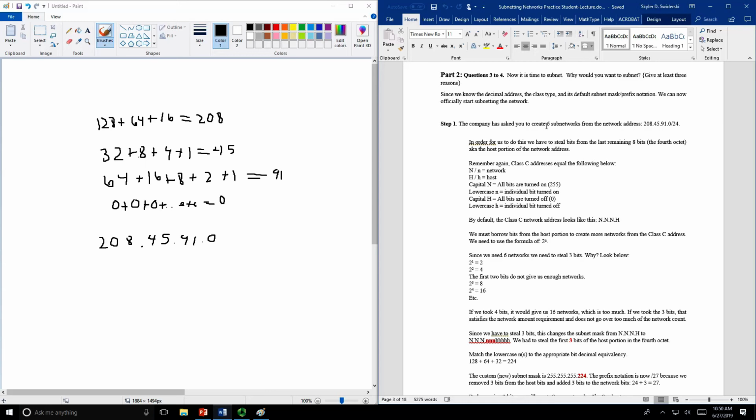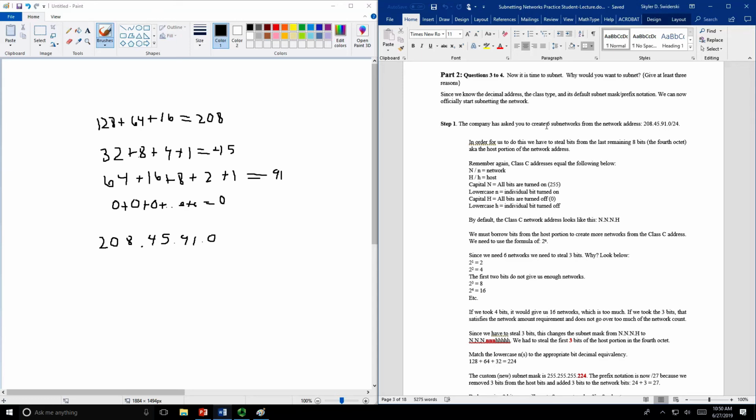The NH format represents a subnet mask by using capital N's, lowercase n's, capital H's, and lowercase h's to represent what type of bits are turned on and off. In this case, because it's a Class C address, we have 3 octets that have all bits turned on.